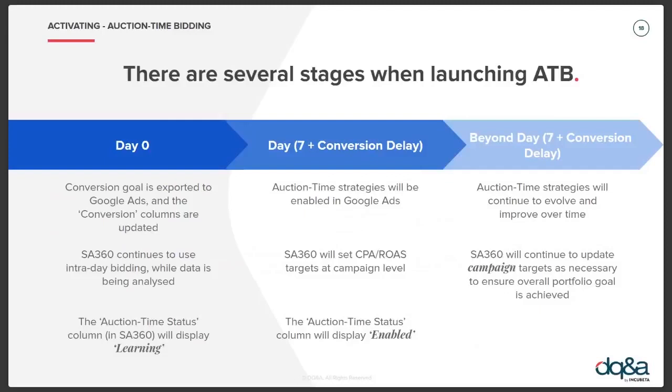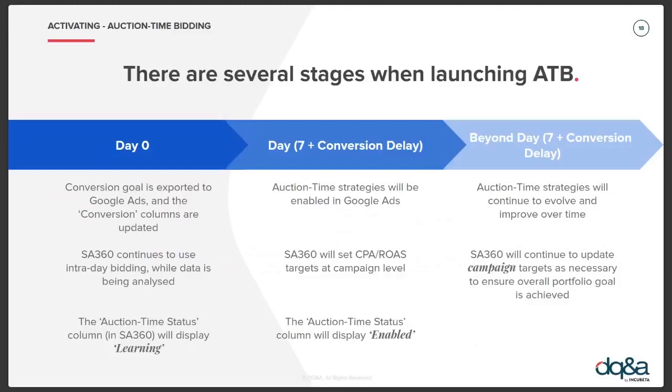Then, from 7 days plus conversion delay, so for example, if you've got a 3-day conversion delay, that's then 10 days after, your auction time strategies will be enabled in Google Ads. Search Ads 360 auction time status will then change to enabled. And your SA360 will then start to set your target CPA or target ROAS conversion goal at a campaign level.